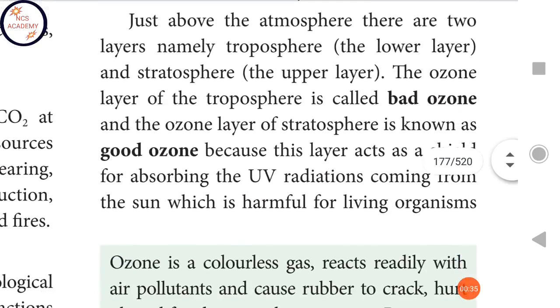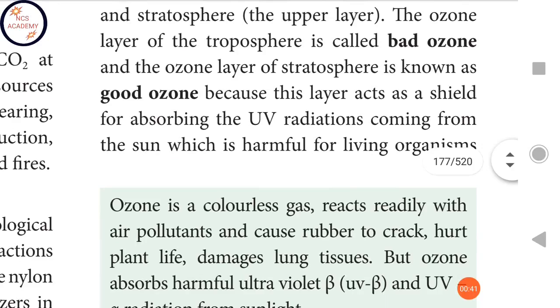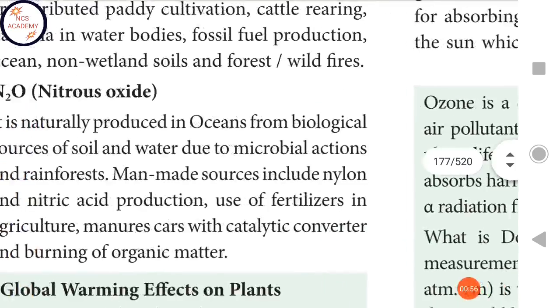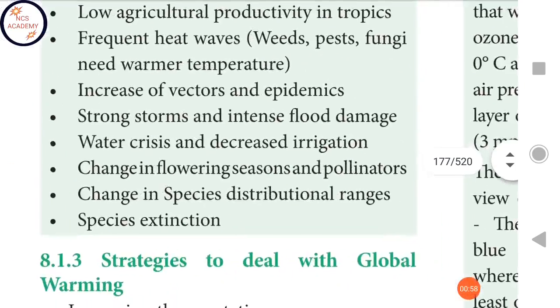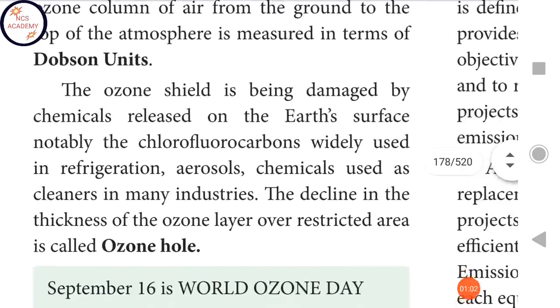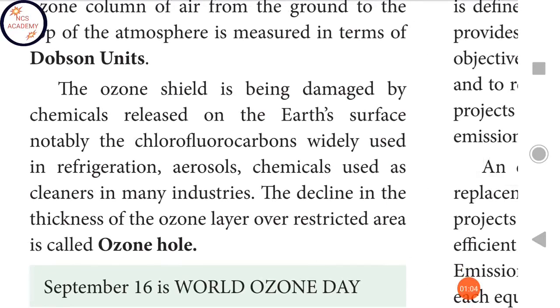Here also two types of ozone layers are there, bad ozone and good ozone. These layers are affected by some important radiation from the sun, that is ultraviolet radiation. This damages the ozone layer and makes it thin, which causes the ozone hole.